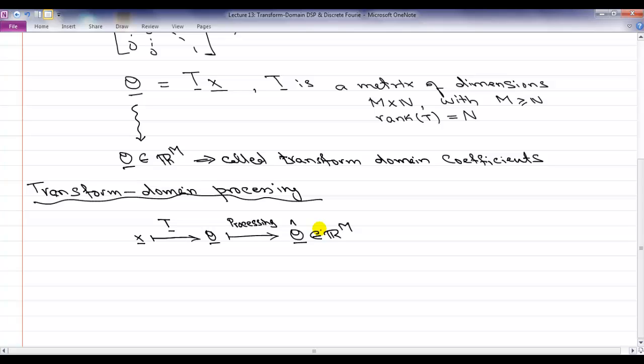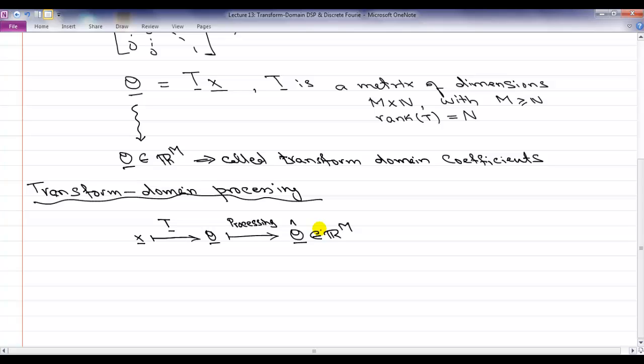But in some other cases, you actually want to go back to the original domain that you are working with. The example of that will be you have an image, you compute its, let's say, wavelet transform coefficients. Your goal is you want to reduce the storage size of that image without affecting the visualization of the image too much.